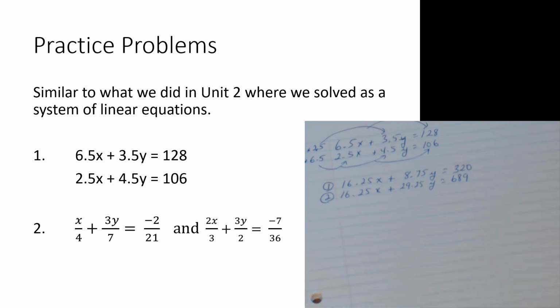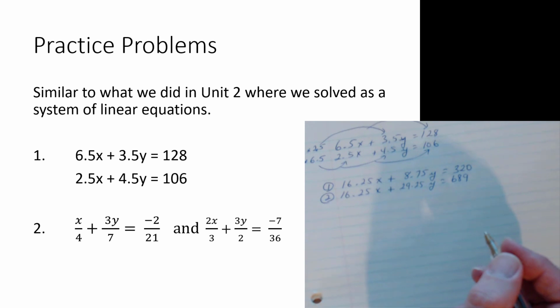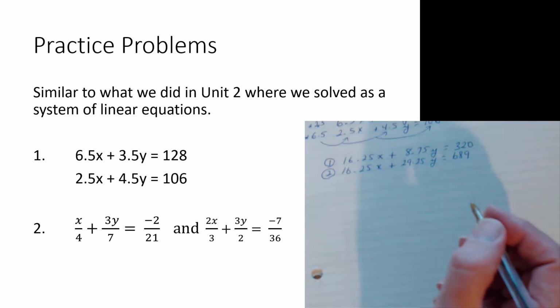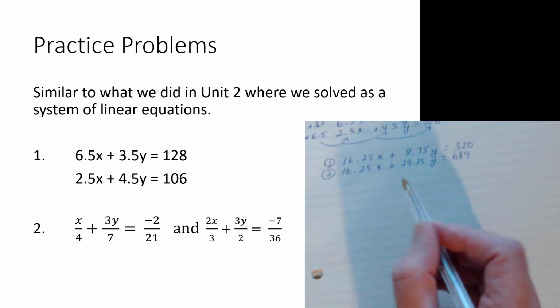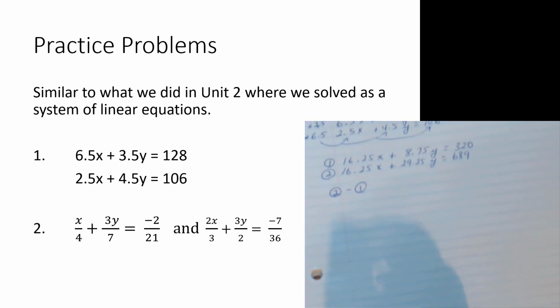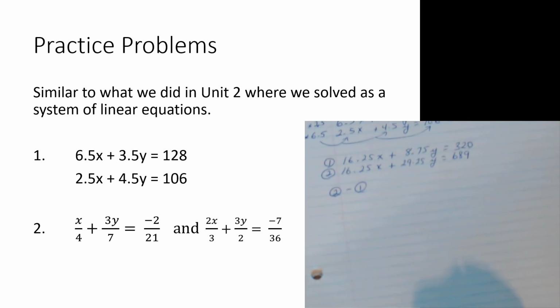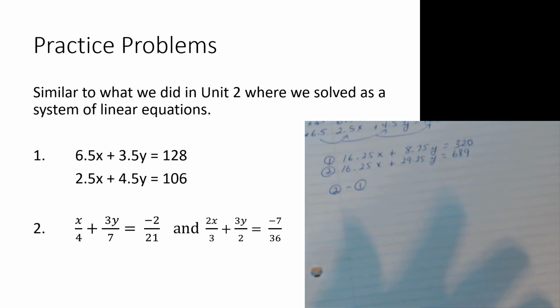Inevitably it happens, but I'm just trying to keep myself straight. I'm recording this on a Saturday morning, so let's keep it simple. I'm just going to go equation 2 minus equation 1, just so I have a positive coefficient in front of the y, and a positive number on the other side. Had you done it 1 minus 2, it won't change anything. Eventually, the negatives would have canceled out anyway.